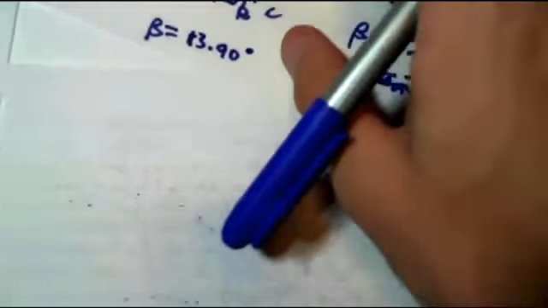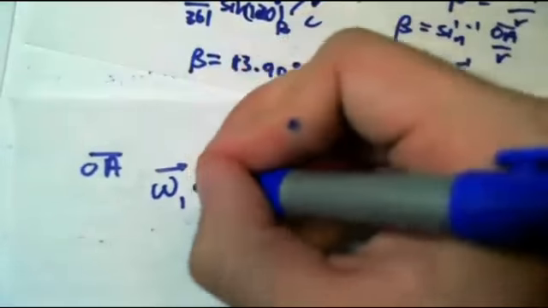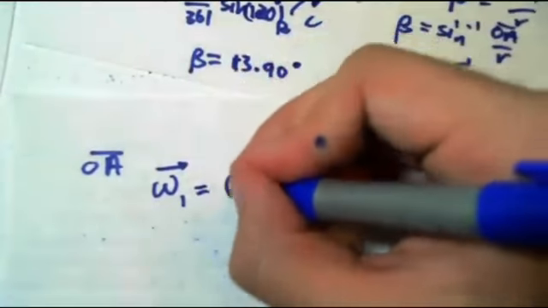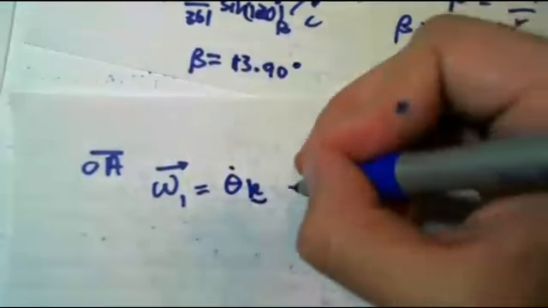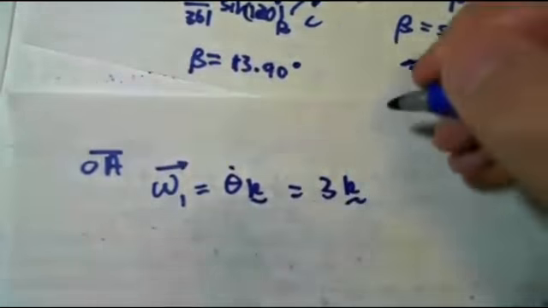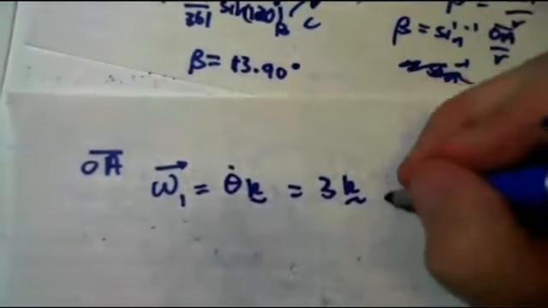If we define the angular velocity of our bar OA, the bar that's rotating, we can define that as being constant. So as a vector quantity, omega 1 is equal to theta dot k, which equals 3k radians a second.